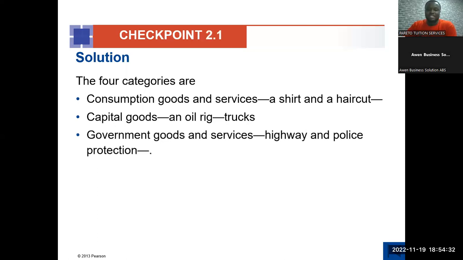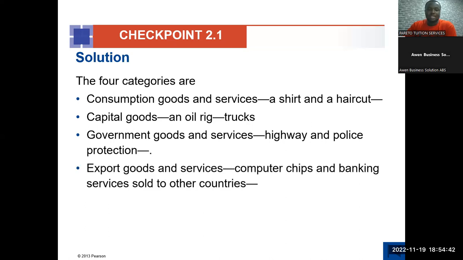Then the government goods and services, as we said, are the ones bought by the government: highway, police protection, judicial service, education, and all that. And then the export goods and services are the ones that we produce domestically but then sell to the outside. So that one we have a wide range of goods and services.